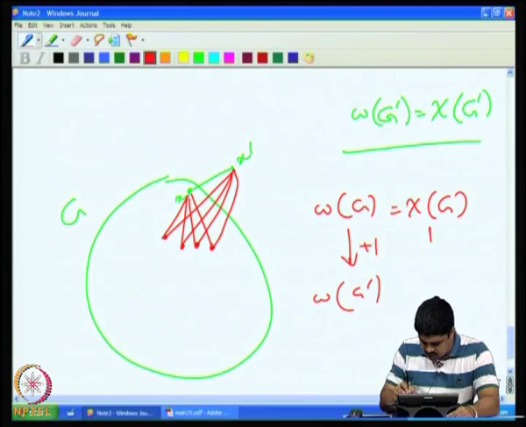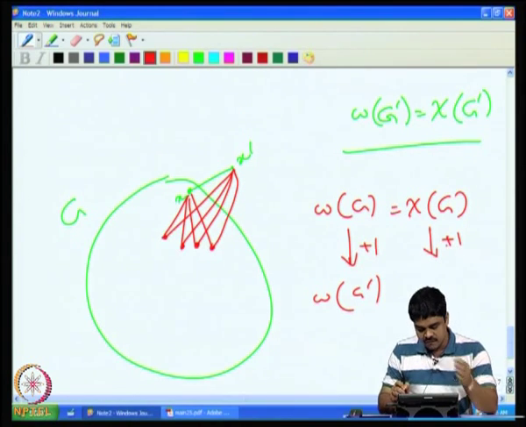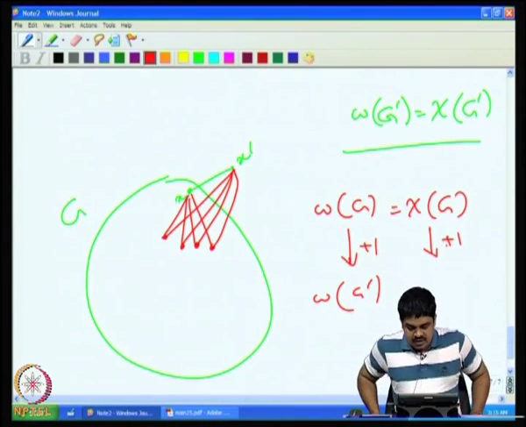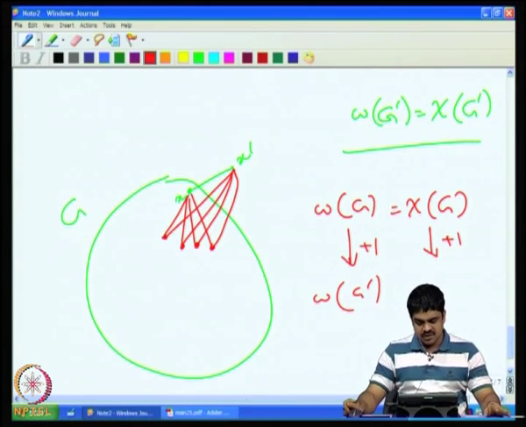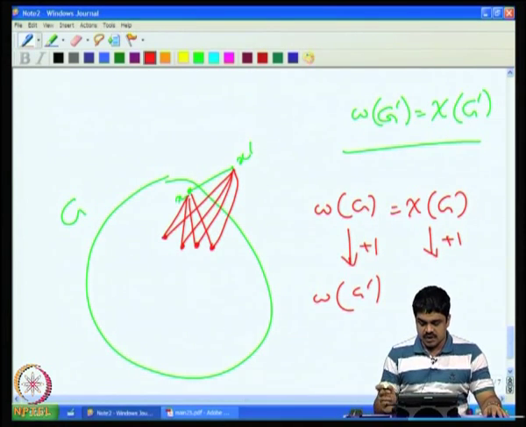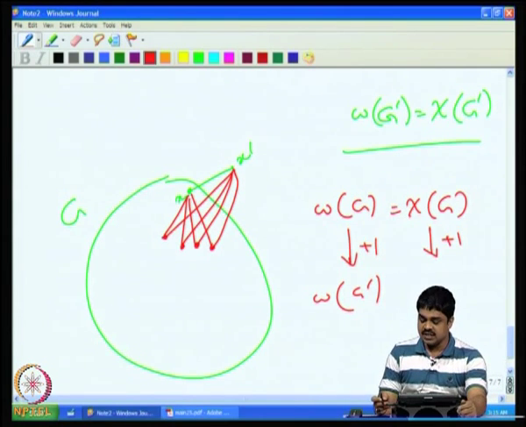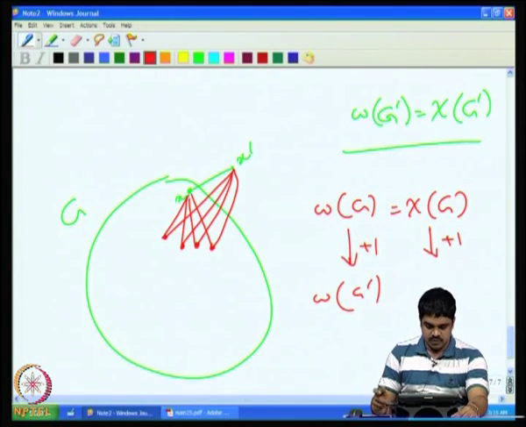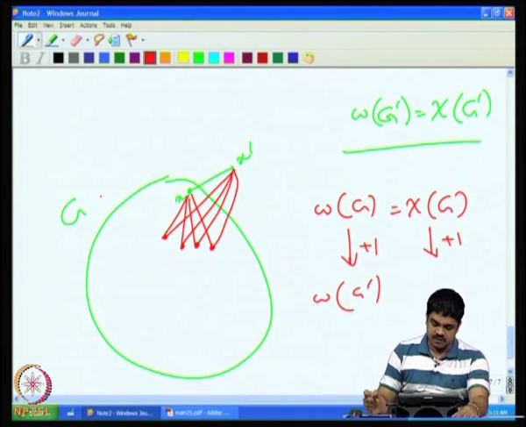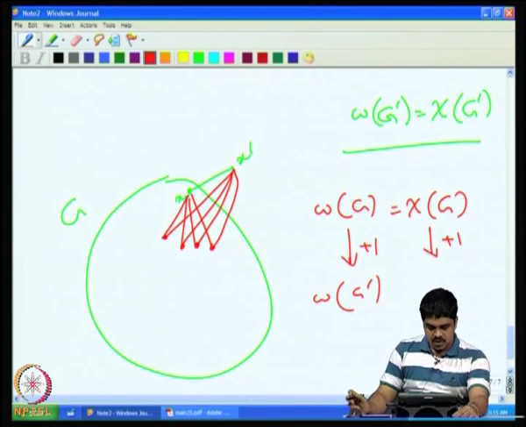Now, here also we have one more color available, we can use that extra color to color the new vertex, and therefore omega of G dash and chi of G dash will be equal, because an extra color will be available because the omega increased, right. You retain the omega coloring of this and then use the new color.